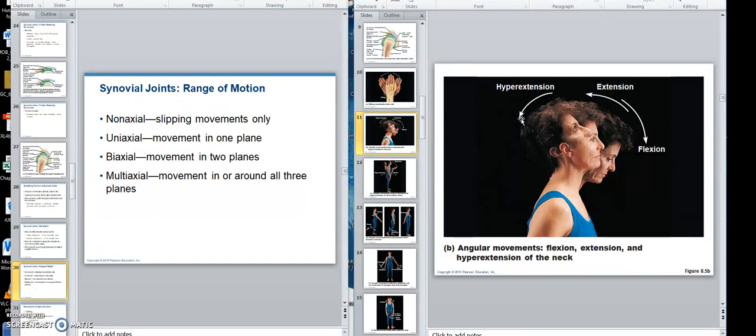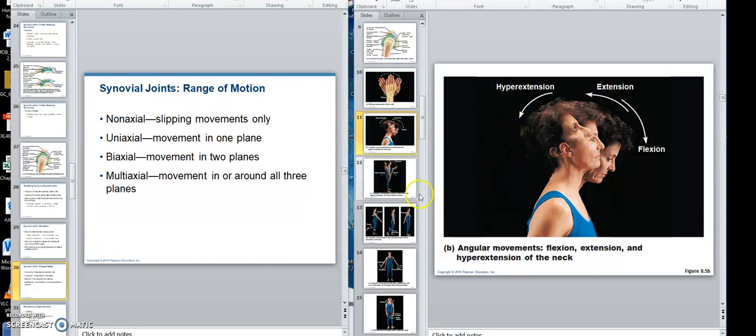So flexion then would be bending your elbow, raising your arm, which would bring your forearm to your upper arm, and then dropping it down, that would be extension, and then going further back at that joint would be hyperextension.